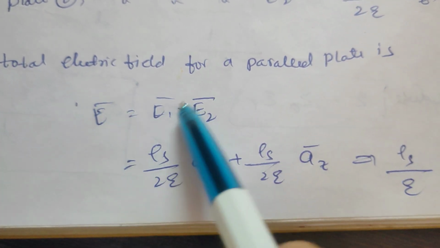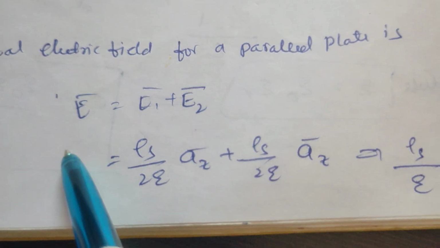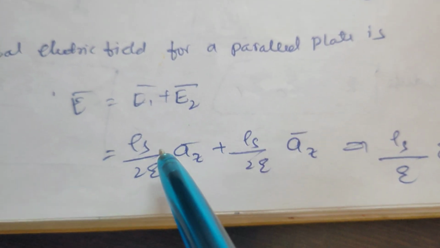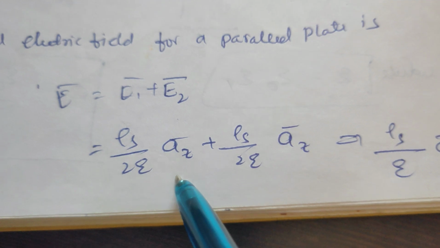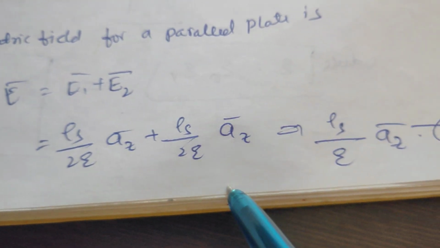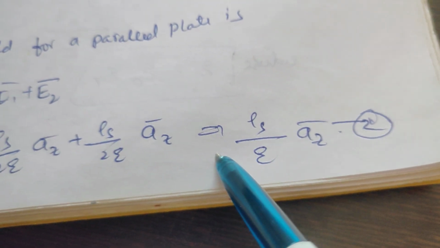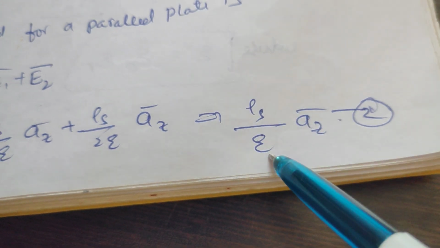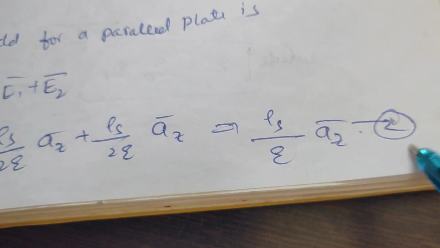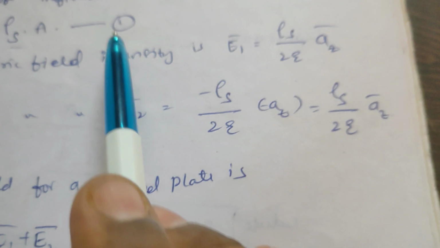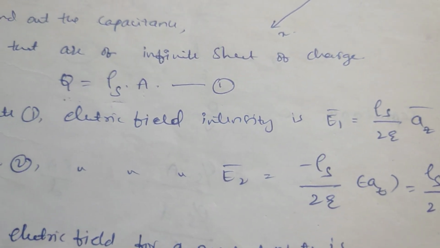Therefore the total electric field for the parallel plate is E equals E1 plus E2, which is rho s by 2 epsilon into az plus rho s by 2 epsilon into az. So the overall electric field is rho s by epsilon into az. Make it equation 2, and the earlier one equation number 1.